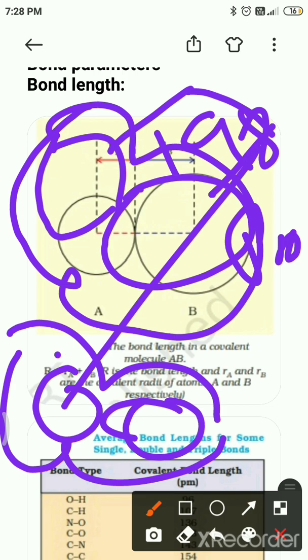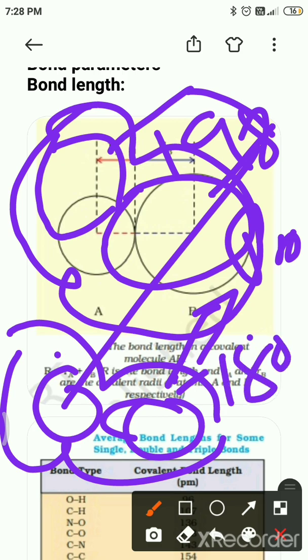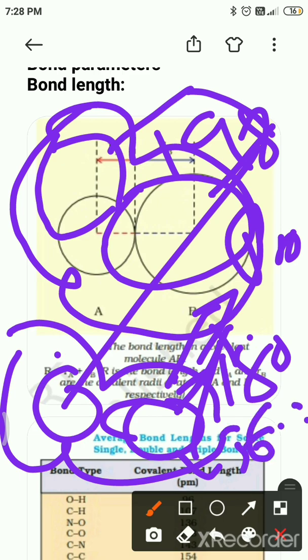In the same way, from this to this is approximately 180 picometer, and from top to bottom it gives 360 picometer.